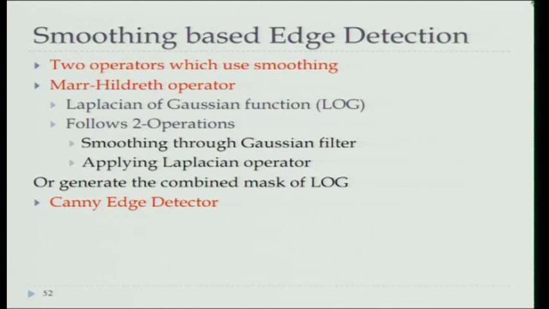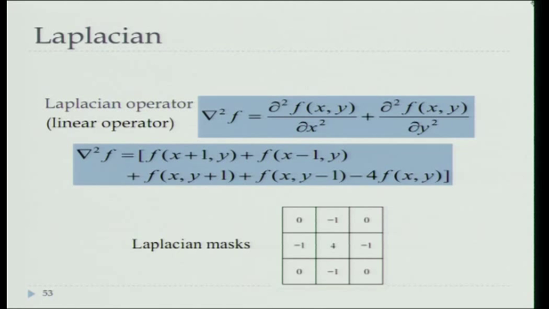The other one is the Canny edge detector. You remember the Laplacian operator, in the last class we discussed it for sharpening the image. It is nothing but del square f(x,y) by del x square in two dimensions, plus del square f(x,y) by del y square.